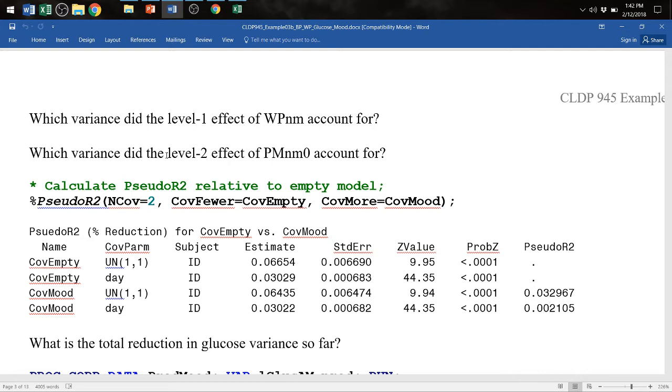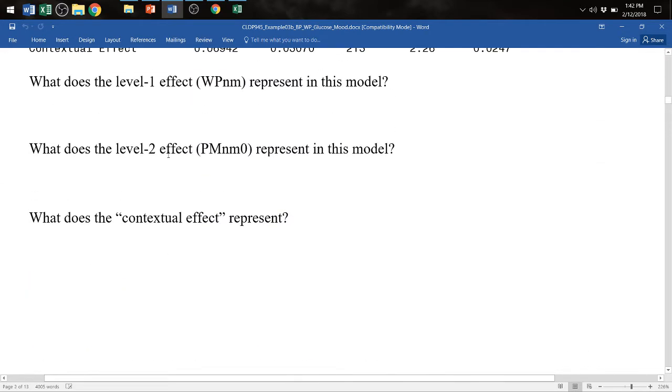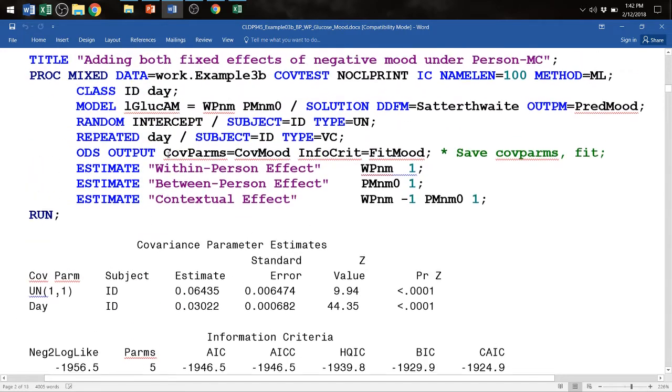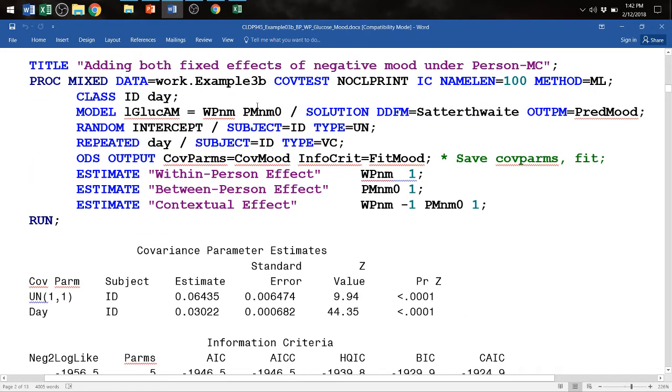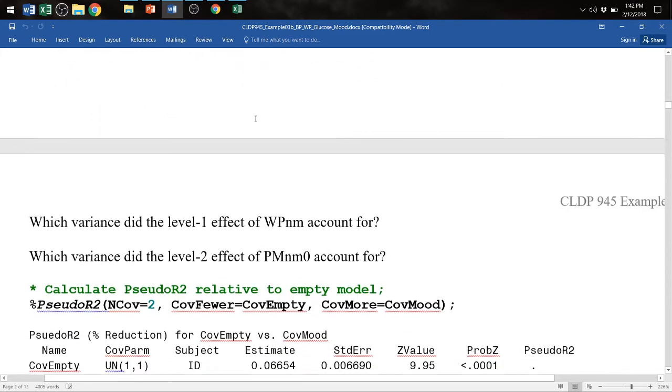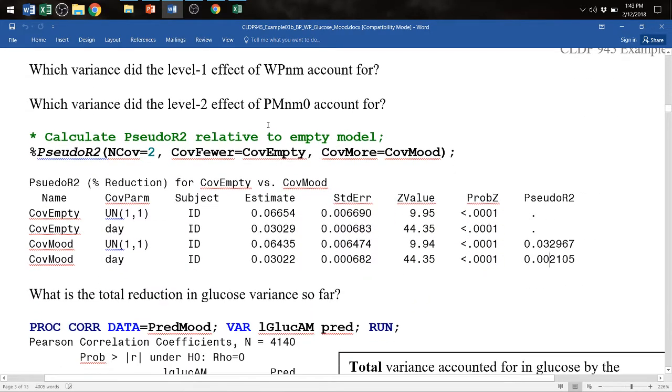That's all we have in this data. And actually, I had previously gone through a whole bunch of alternative covariance structure models, and compound symmetry, random intercept only, was sufficient. So that's why I stuck with it here. So yeah, the level 2 effect of between person mean negative mood accounted for 3.3% of the random intercept variance.